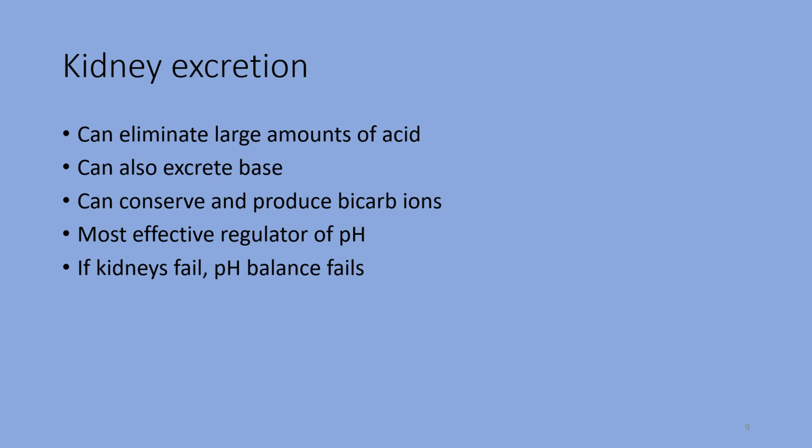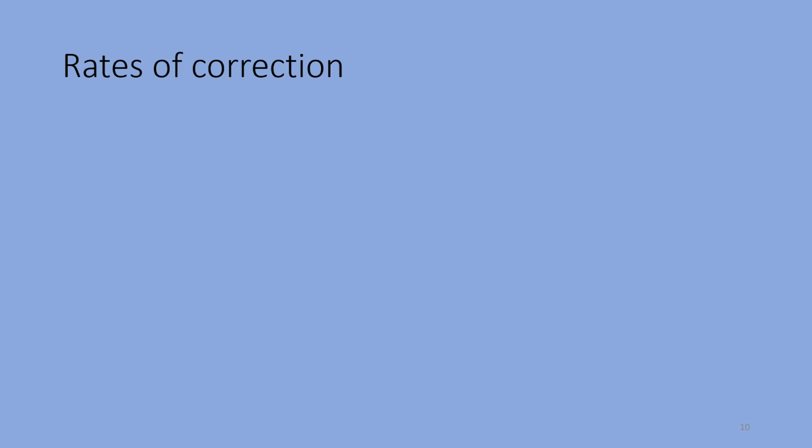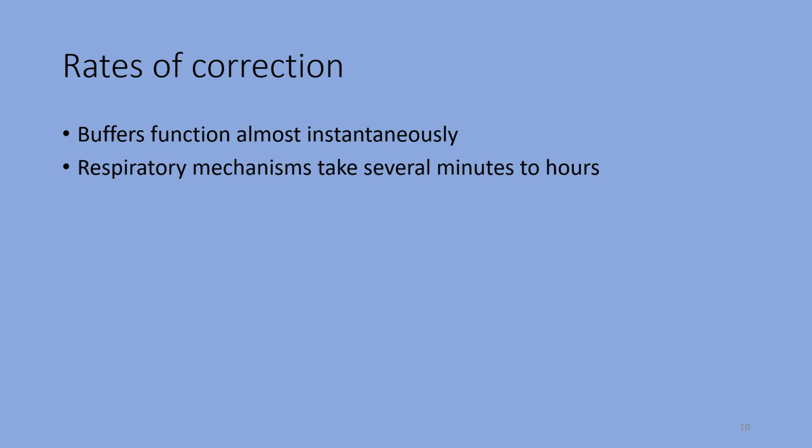If the kidney fails, pH balance fails. Rate of correction of acid-base balance: the chemical buffer acts immediately, within seconds. Respiratory mechanisms take minutes to hours. Renal mechanisms take hours to several days.